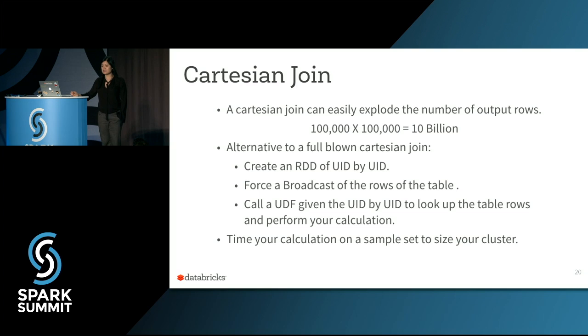And I've seen customers, if you do a really computationally heavy computation, I've seen them need to spin up 100 node clusters, and they might need to stay up for 8 hours possibly to do a Cartesian join. And that's just because in order to process those 10 billion rows, that's how much compute power you really do need. So you can do it, just time it, size it carefully, and figure it out.